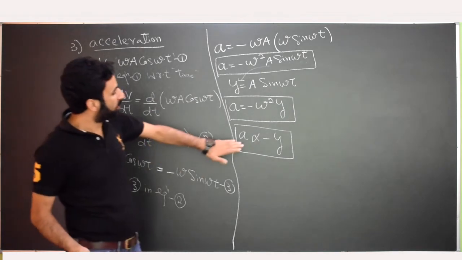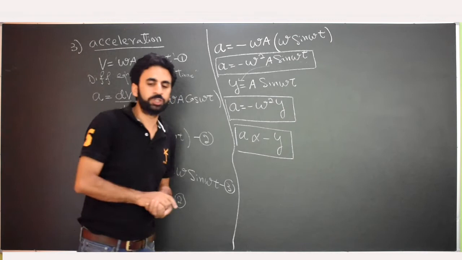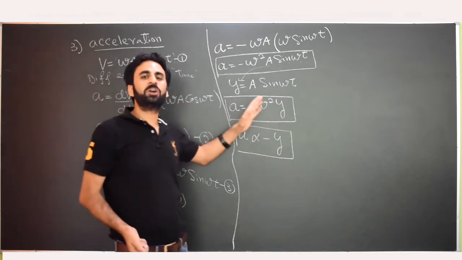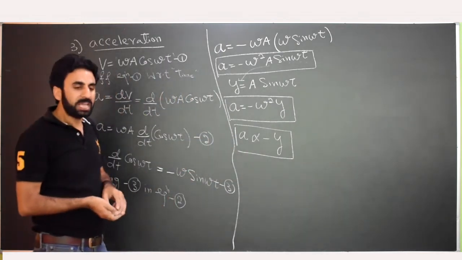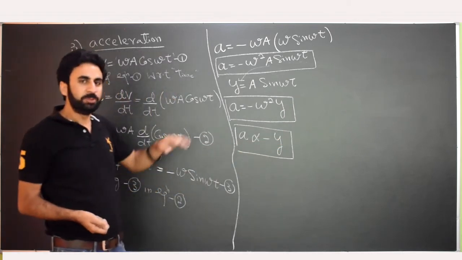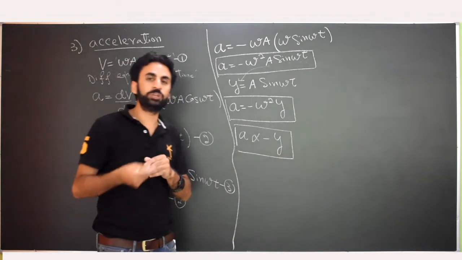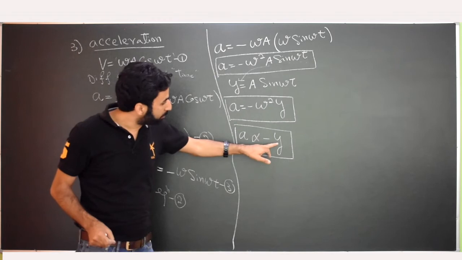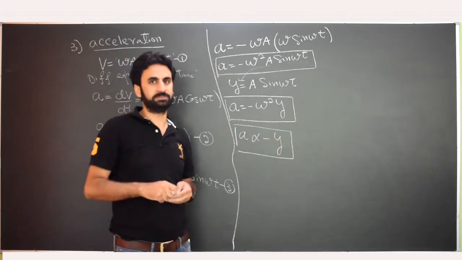Now on the basis of this expression we can define simple harmonic motion of a particle. In the earlier part of the lecture we defined simple harmonic motion as the simplest form of oscillatory motion, but now we can have a more technical statement. We may define simple harmonic motion as that type of motion where the acceleration of a particle is directly proportional to displacement but is directed in the opposite direction.